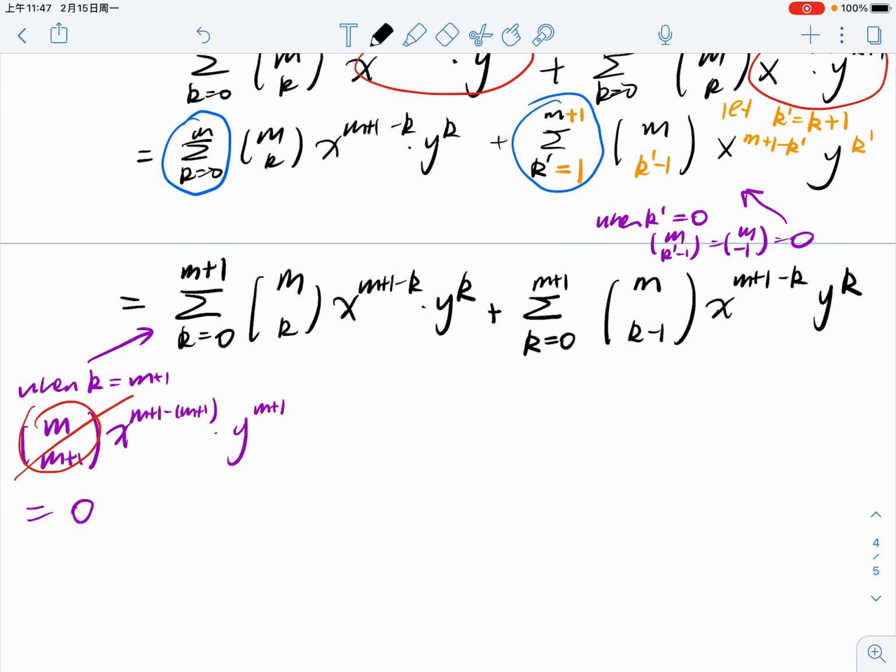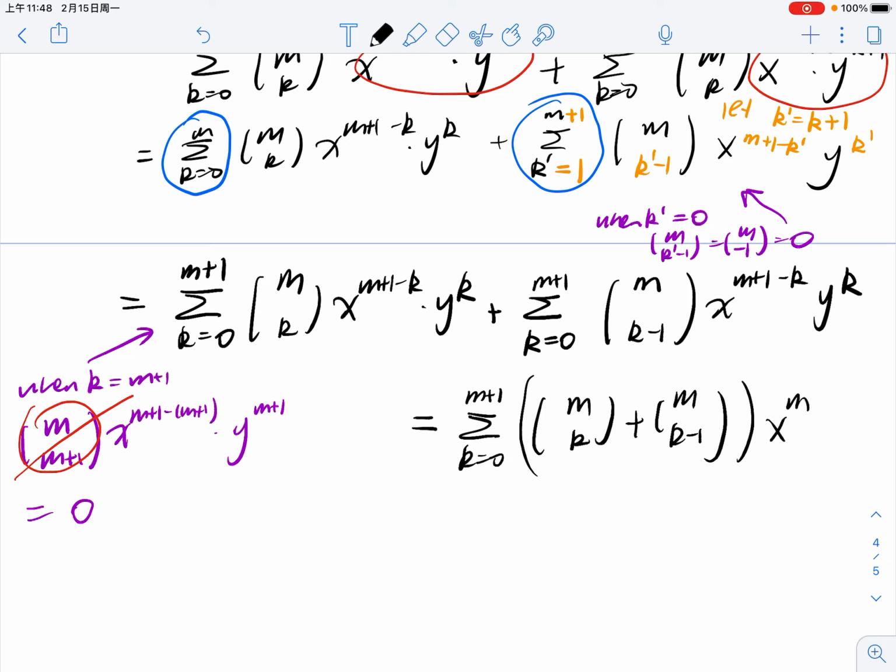Okay, now you can combine the coefficient m choose k plus m choose k minus 1, x to m plus 1 minus k times y to k's power. And here you use Pascal identity.